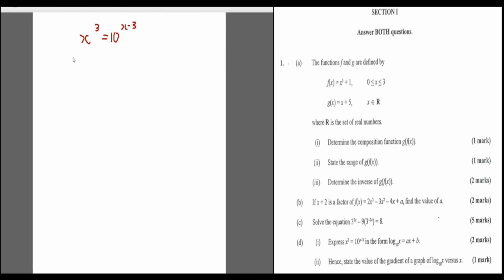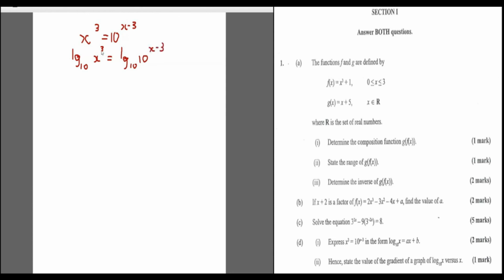By taking log to base 10 of both sides, we're going to get log to base 10 of x cubed is equal to log to base 10 of 10 to the x minus 3. Now don't worry at all, this is very easy.